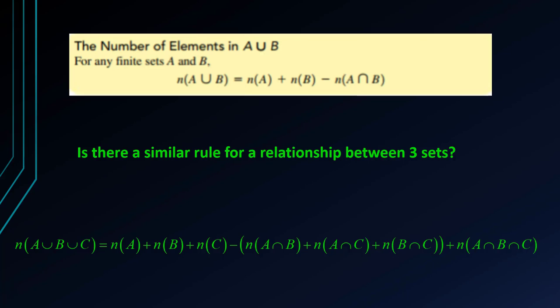If I want to find the number in the union of 3 sets, I would do the number in each set individually added together, subtract away the number that are in the intersections of 2 of those sets all added together, and then I would add back the number that are in all 3 sets at the same time.